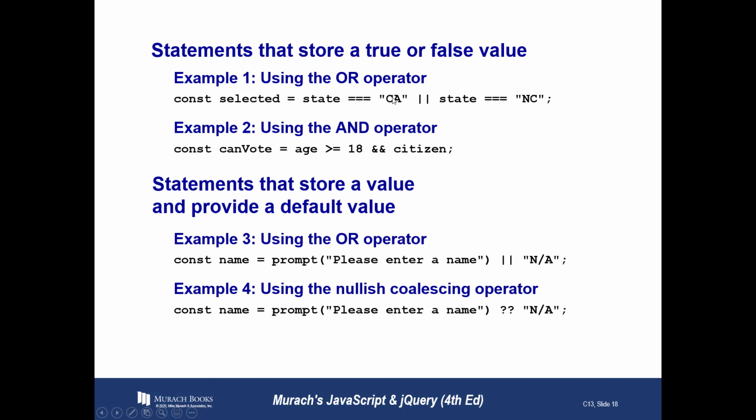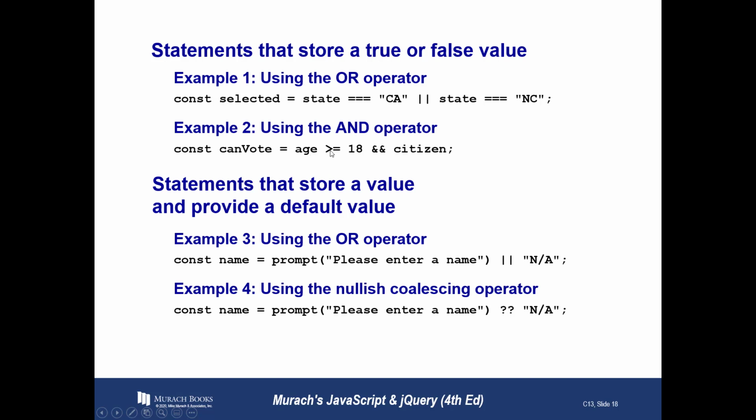But if the state you selected was either this or it was this, then selected, so if this or this, with the or operator, if the state was one of these two, then selected would be true. Otherwise, it would be false.